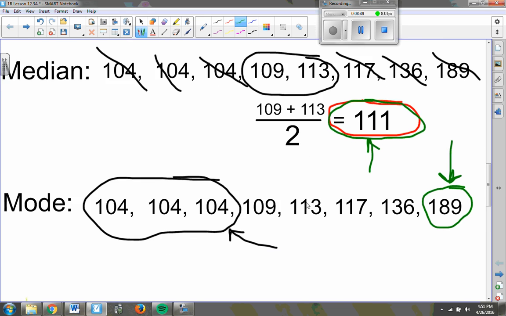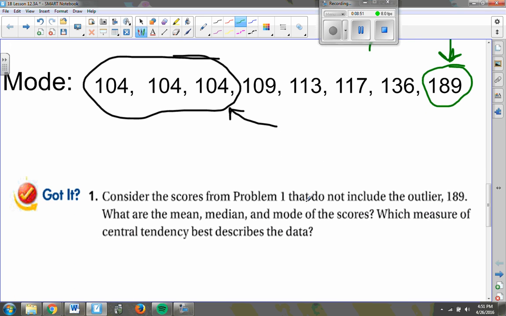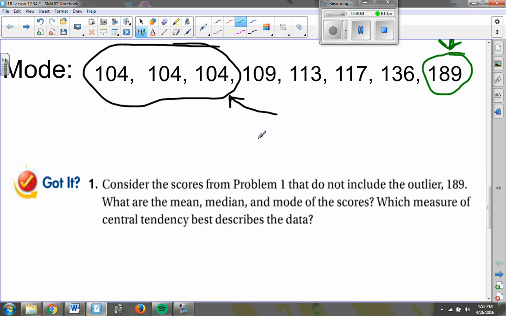Okay. Now, next I would like for you guys to take the same set of data and just eliminate that 189 from it. So don't include this 189, but using the rest of these 7 data points, I would like you to find the mean, median, and mode of the scores, and then tell me which one you think is best to describe the data.